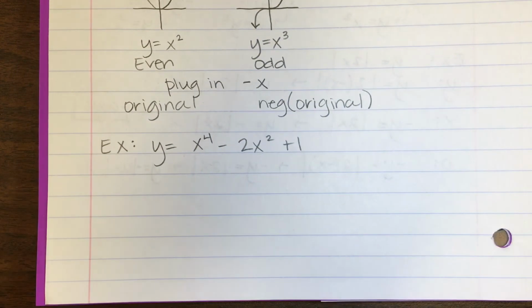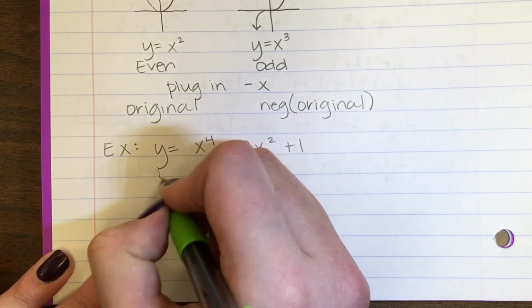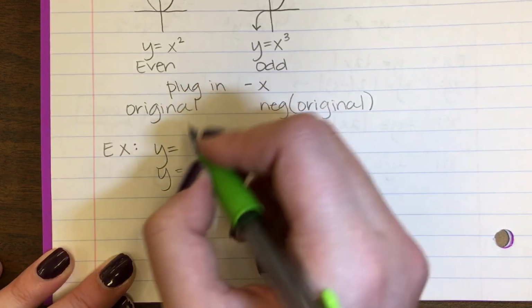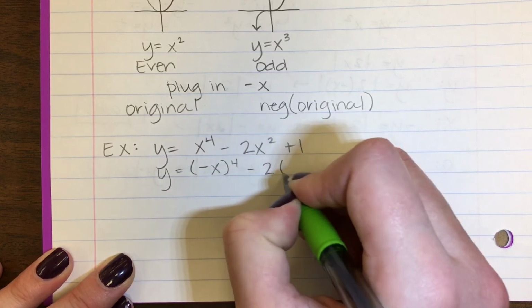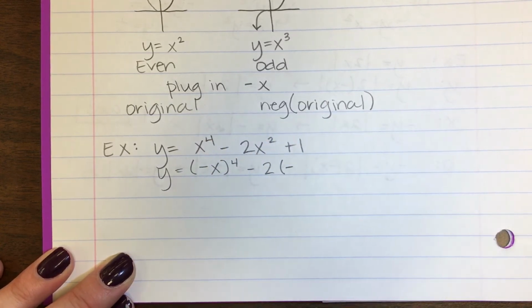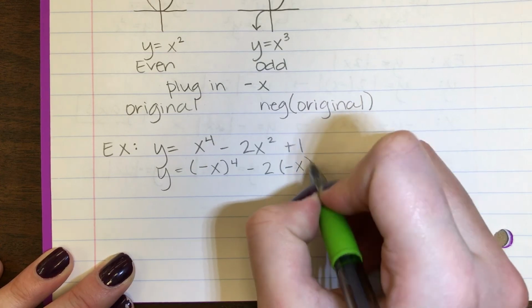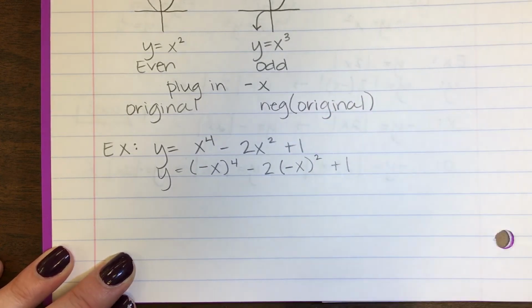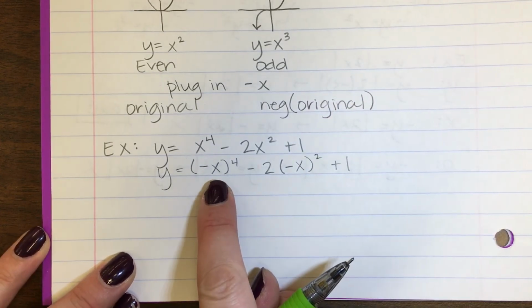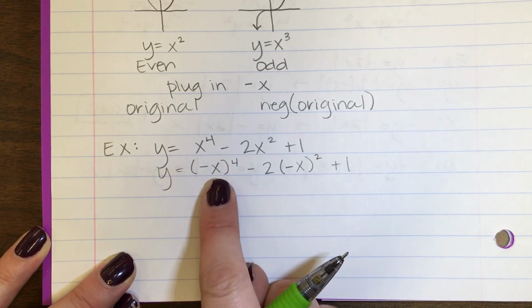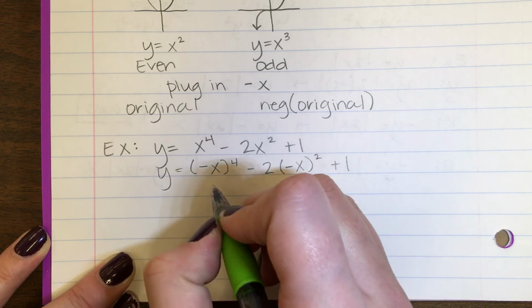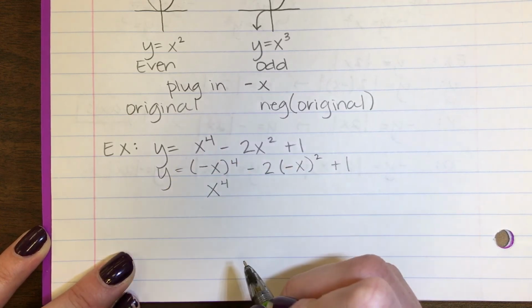All right, so for this one, I'm going to take this function and I'm going to plug in negative x. So negative x to the fourth minus 2 times negative x squared plus 1. And so if I simplify this, I have negative x times negative x times negative x times negative x. And that gives me positive x to the fourth.